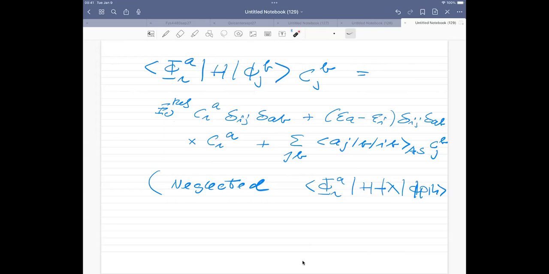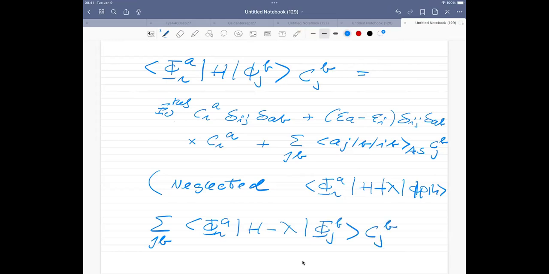So what I'm essentially requiring is the following. I'm going to have a summation over JB, and then I have phi_IA of H minus lambda of phi_J^B multiplied with C_JB, and we want that one to be equal to 0.